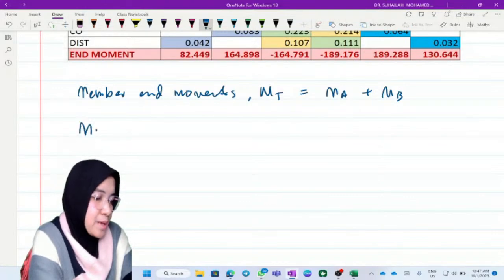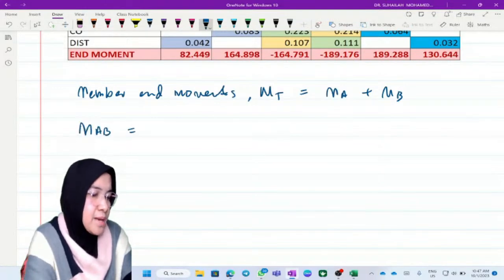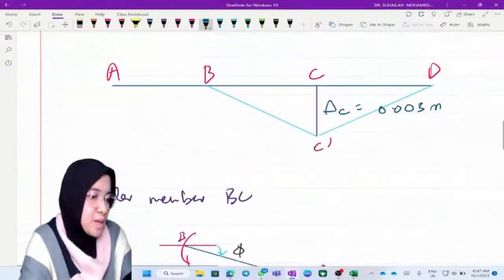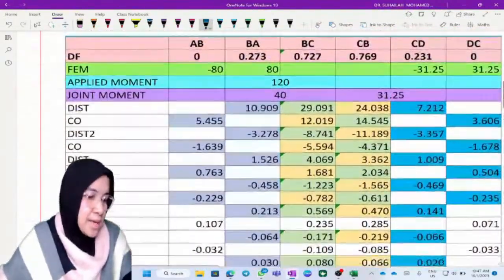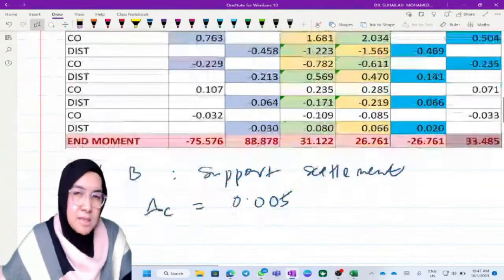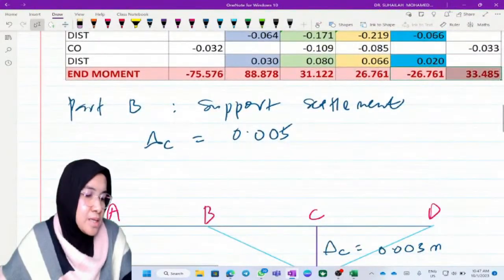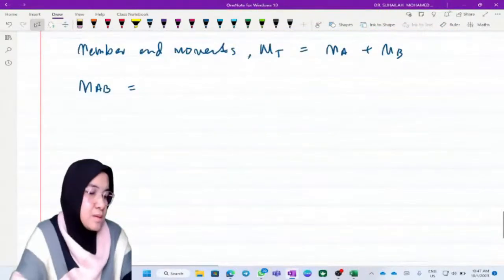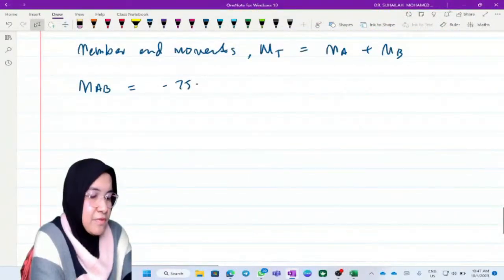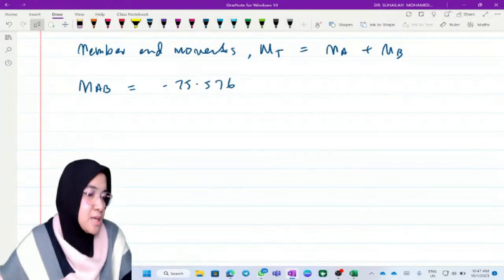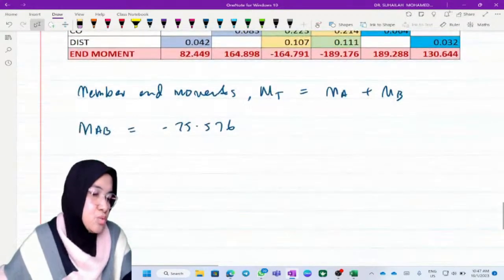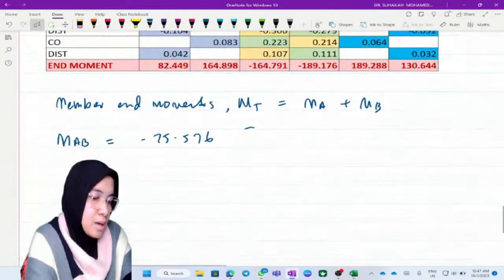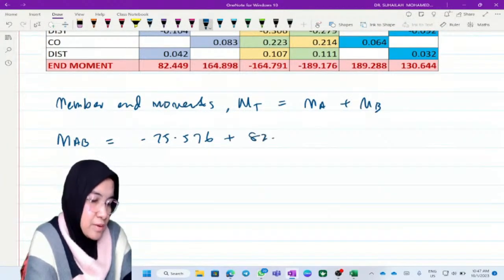So MAB we get negative 75.576 plus 82.449.